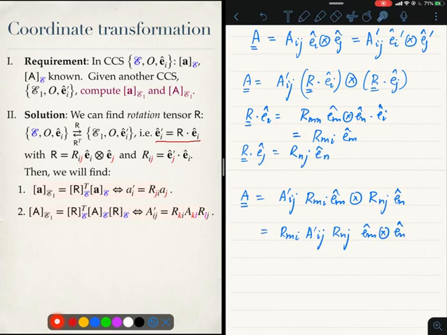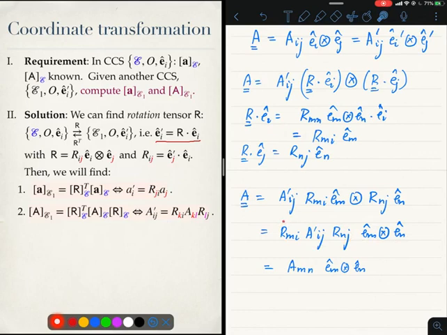Now this is starting to look very much like A_mn e_m tensor e_n, because this seems to be a linear combination of components of A in the unit tensor e_m tensor e_n.